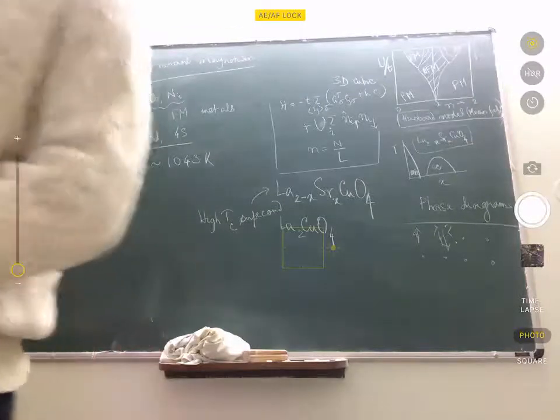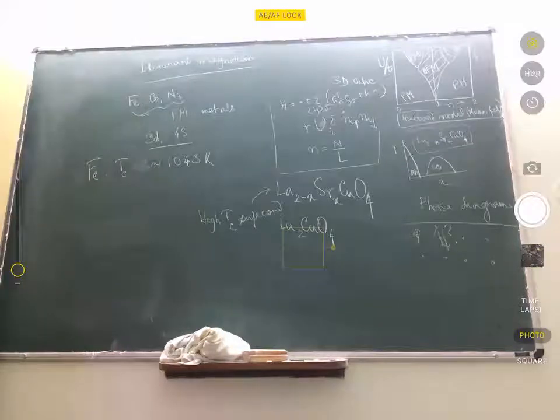It's also that the mechanism of superconductivity in these materials is very different and still unexplained, as compared to the conventional superconductors, which are explained in terms of what is called the BCS theory.